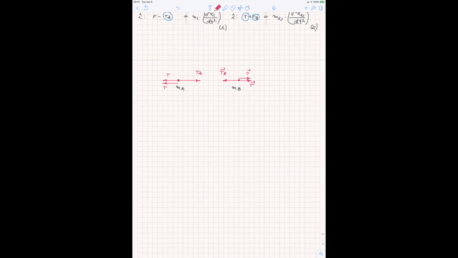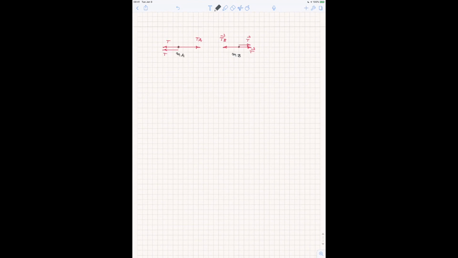Now we can also formally set up the second Newton law. F net A equals mA times the acceleration A, and F net B equals mB times the respective acceleration B. Now let's work this out.